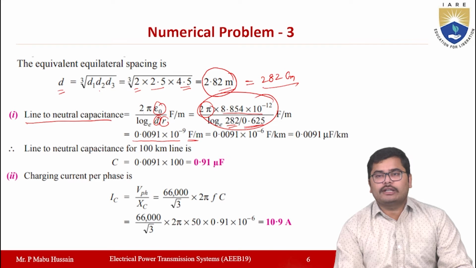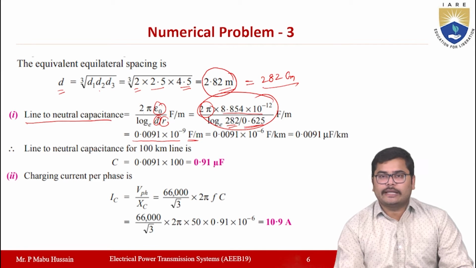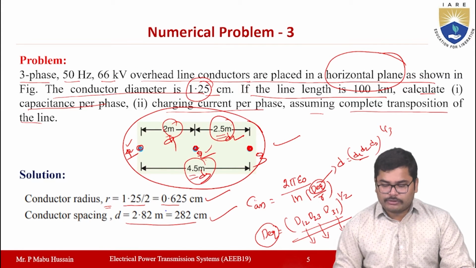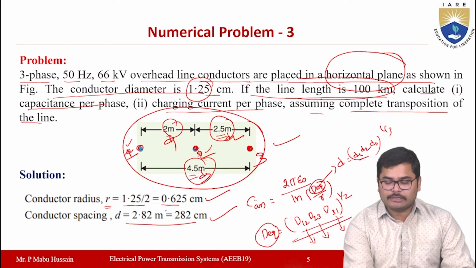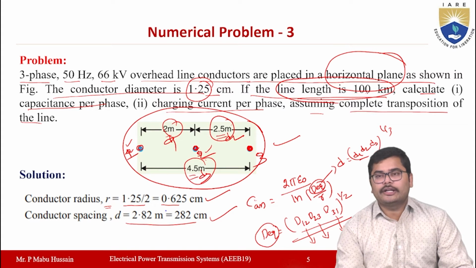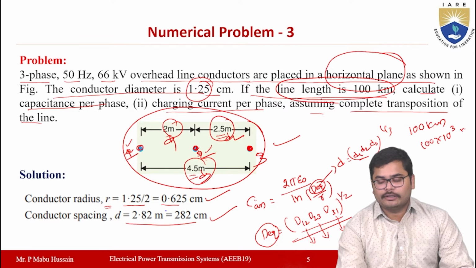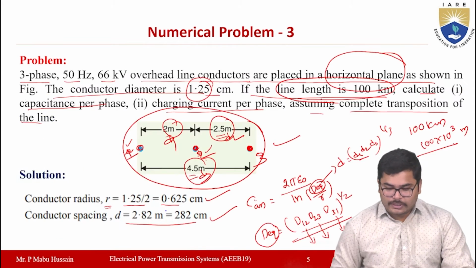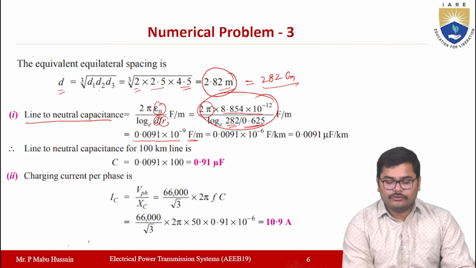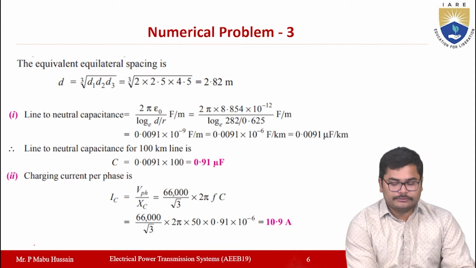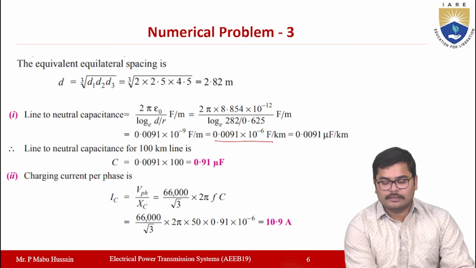Now if you want the value for the entire transmission line, the length of the transmission line is given as 100 kilometers, which in meters is 100 into 10 cubed meters. You got the capacitance value for 1 meter.